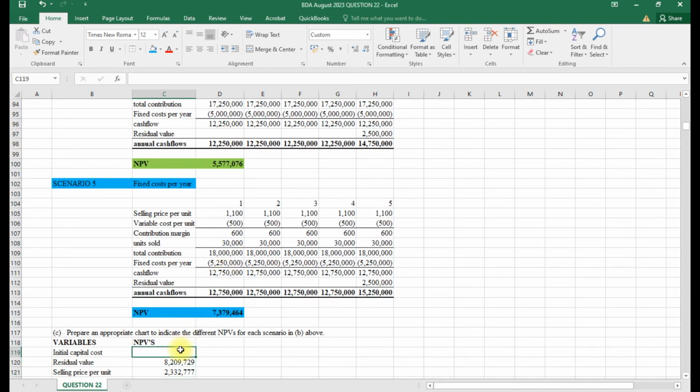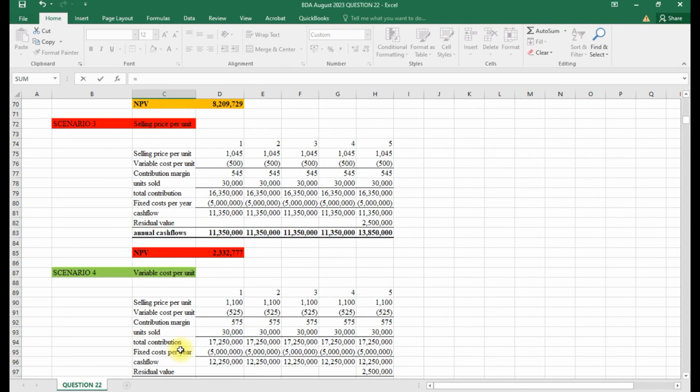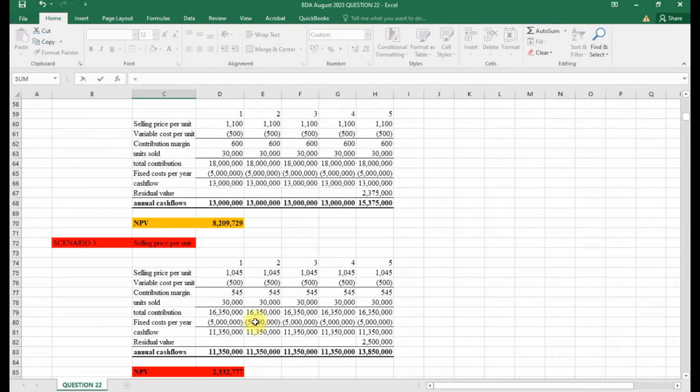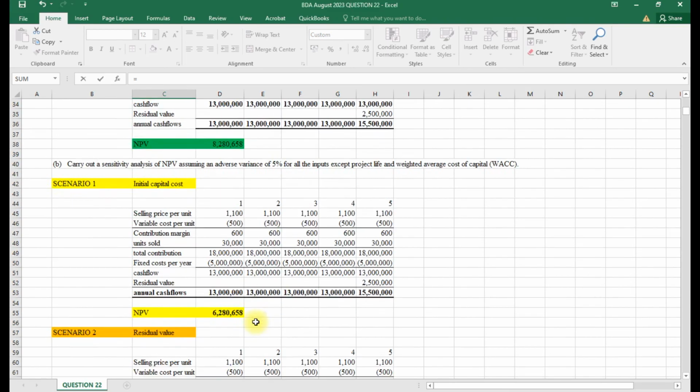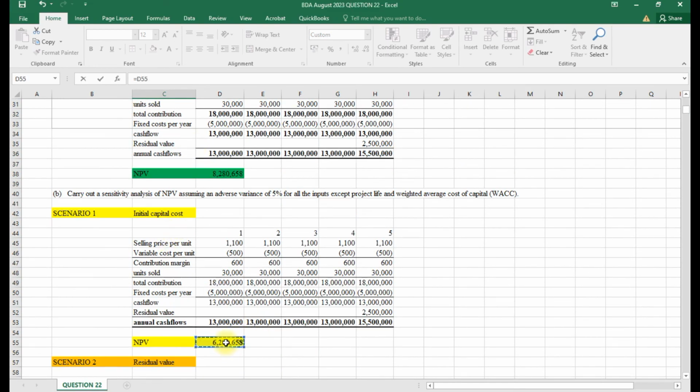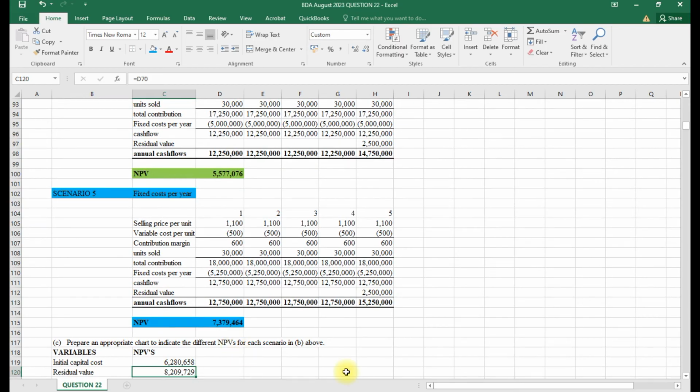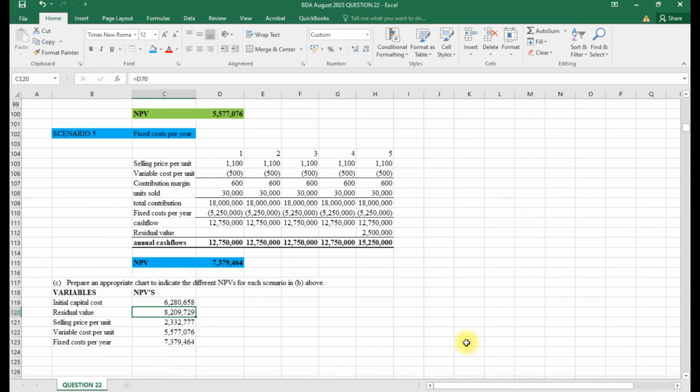And for the initial cost, the NPV was this. So those are our NPVs. So prepare an appropriate chart to indicate the different NPV for each scenario. So those are our NPVs for the three scenarios.